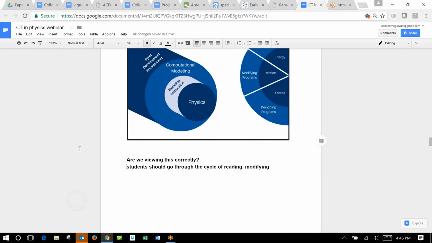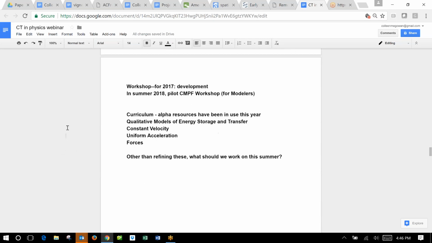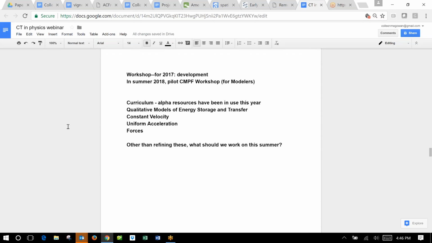Okay, so moving down here. For 2016, we developed qualitative models of energy storage and transfer, constant velocity, uniform acceleration, and forces. There are 8 teachers left from that 12-teacher cohort that are still working with us and piloting these in their classrooms.